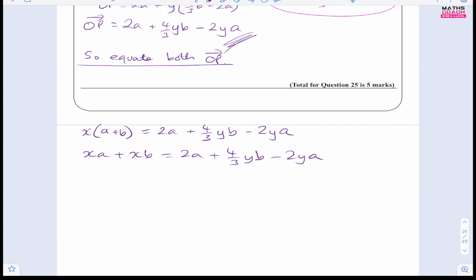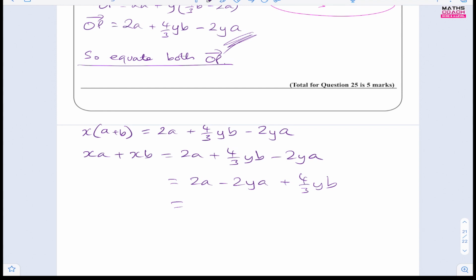Let's now simplify this side over here because we've got A here and we've got A there. Let's have them together. So we can say 2A minus 2YA plus 4 over 3YB. And what we can do is take the A's out, i.e. factorize them.